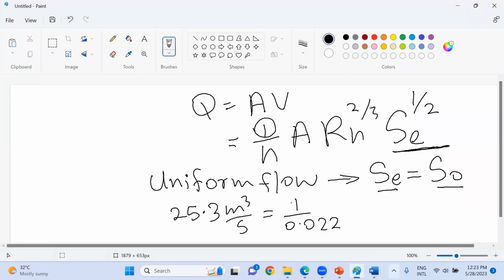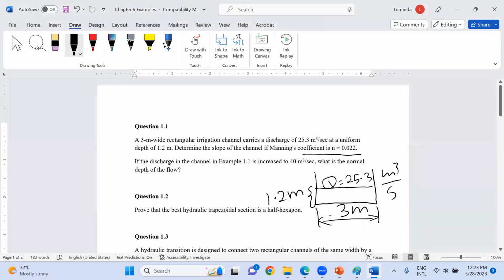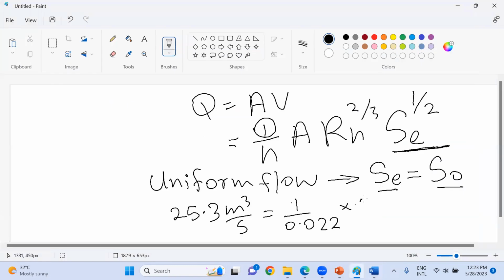Then area. It says that 3 meter multiplied by 1.2 meter. Then the hydraulic radius, R_H, that is equal to the area, 3 multiplied by 1.2, divided by the wetted perimeter. What is the wetted perimeter?